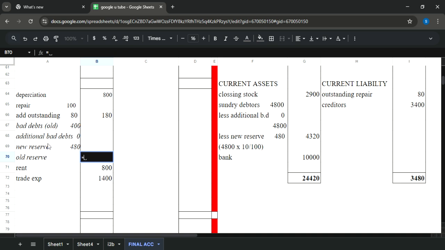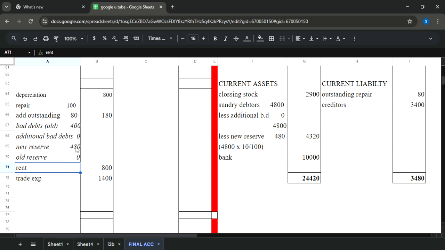And one more thing you have noted down, there is no old reserve. Old reserve was supposed to be present in the trial balance, but since it is not present, you will write 0 again. So in this question, only two items were present out of these four: bad debts, additional bad debt, new reserve, old reserve.